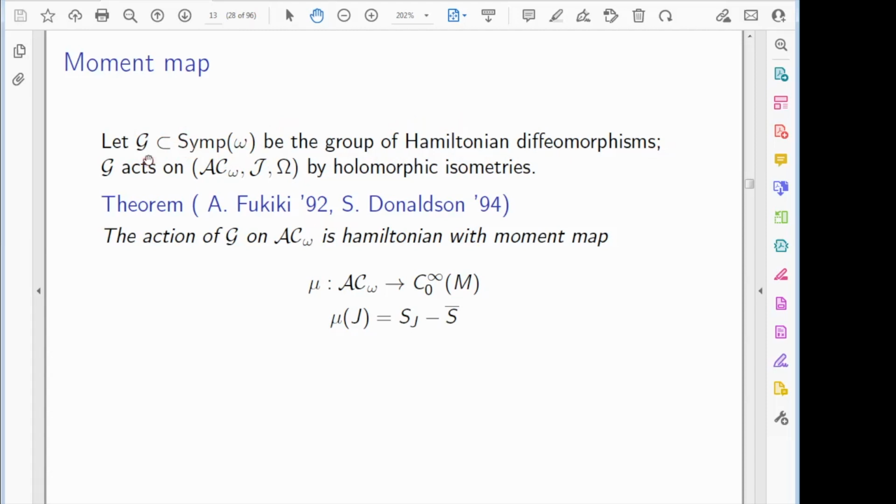But if you consider the subgroup of Hamiltonian isometries, then you can show, this is the result of Fujiki and Donaldson, that the scalar curvature is a moment map for this action.